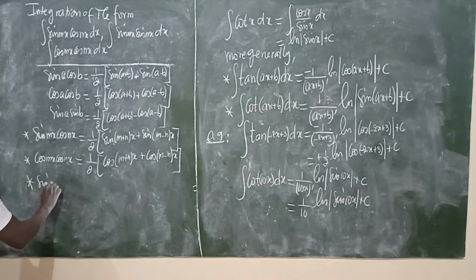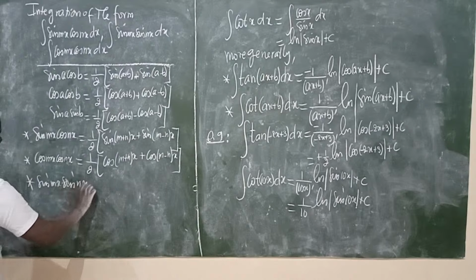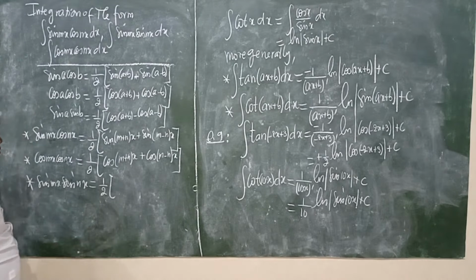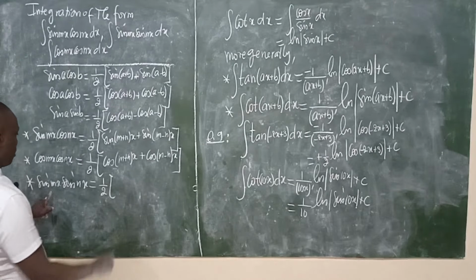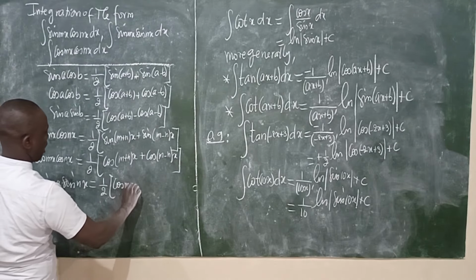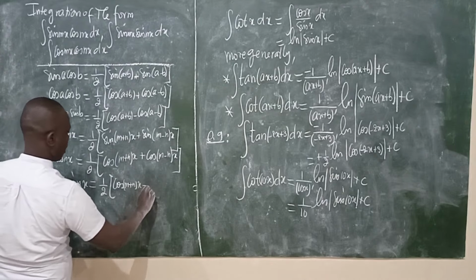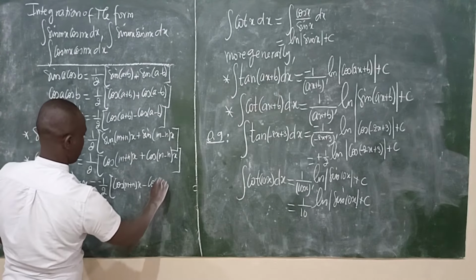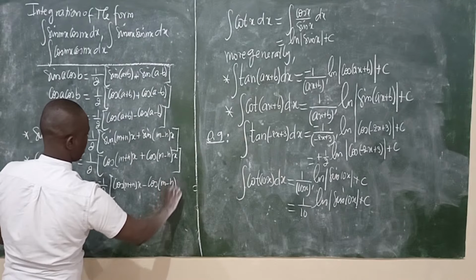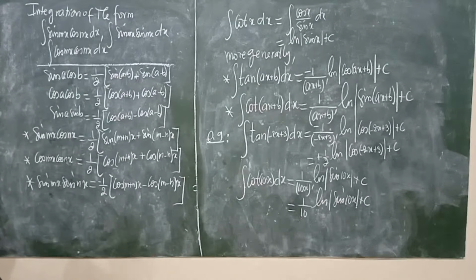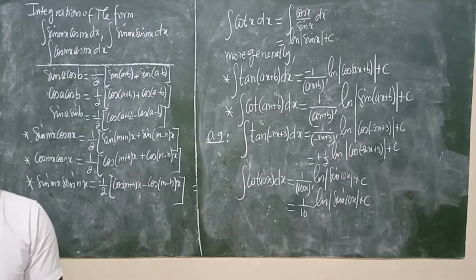Sine mx sine nx will be written as a sum as the cosine of m plus n times x minus the cosine, here is minus, of m minus n x. This is how we do it.